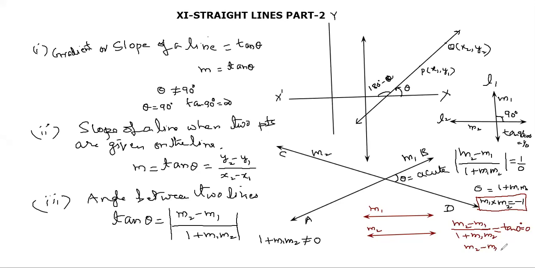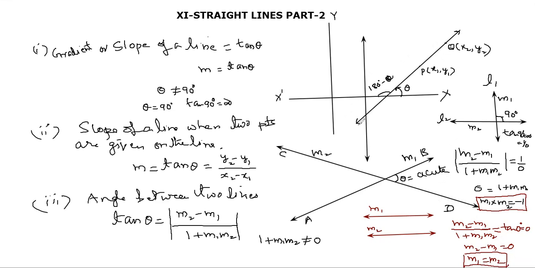So in this case, the numerator m2 minus m1 is equal to 0, so m2 is equal to m1. So we can say m1 is equal to m2. This is the condition of parallel lines, which means parallel lines have the same slope.